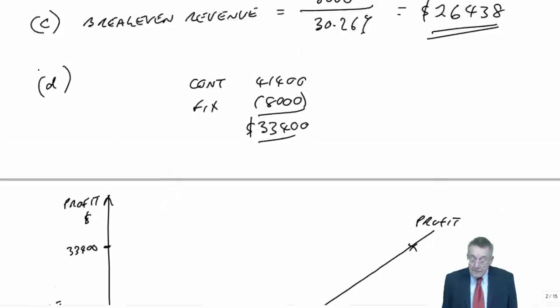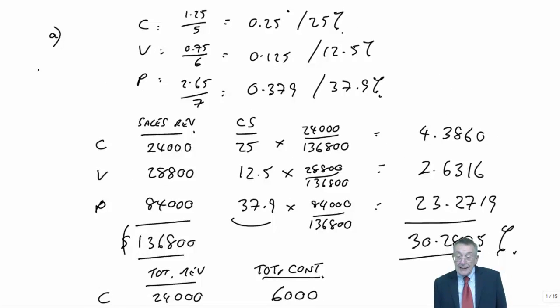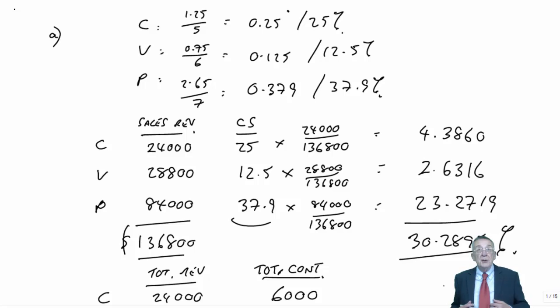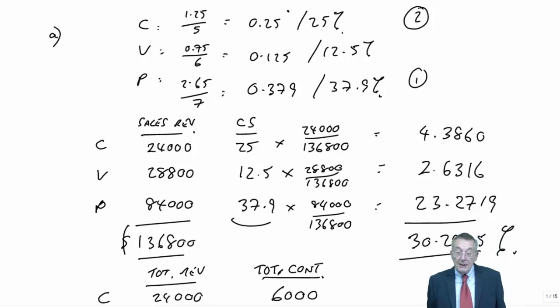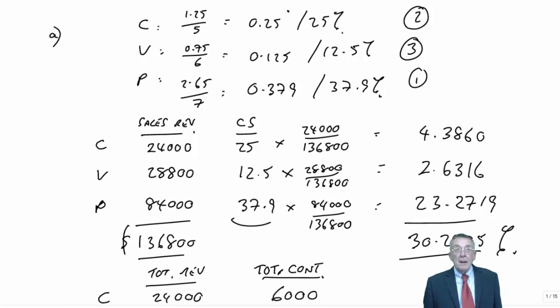So earlier we worked out the individual CS ratios, and individually P was by far the best one. It's giving 38% of revenue. C was the second best, and V was the third best.